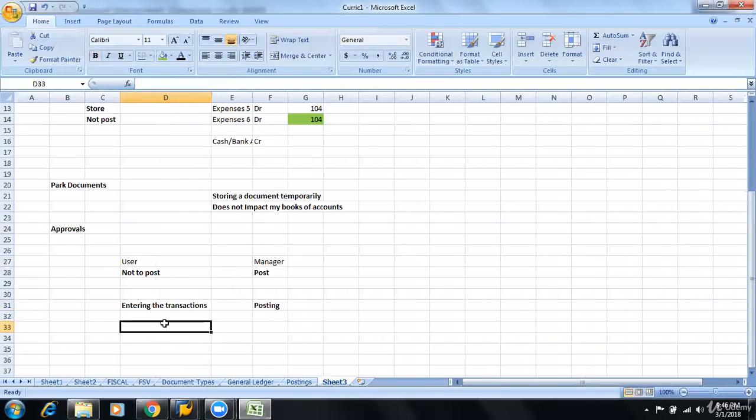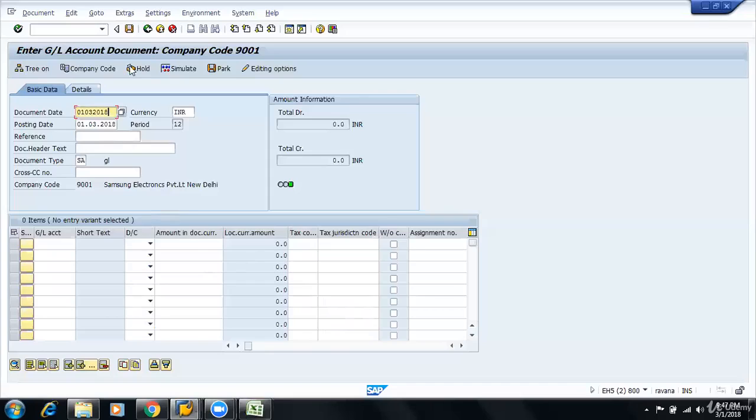Now, the user after entering the transaction will park the document and the manager will post the same document. Let's see with an example. Here, going back to FB50, similar date.